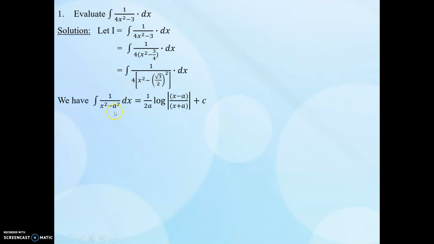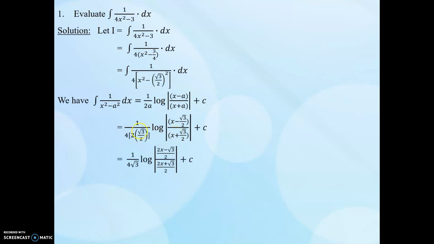Integral 1 upon x square minus a square dx is 1 upon 2a log mod x minus a upon x plus a plus c. This can be written as 1 upon 4 into 2 into, in the place of a it is root 3 upon 2, log mod x minus root 3 upon 2 upon x plus root 3 upon 2 plus c. Now this 2 and 2 cancelled.